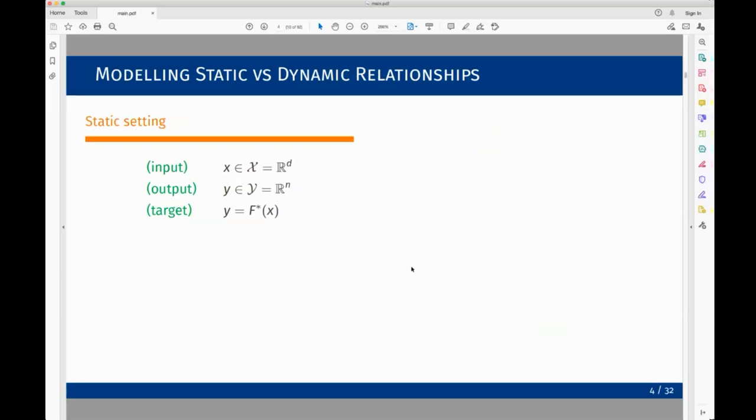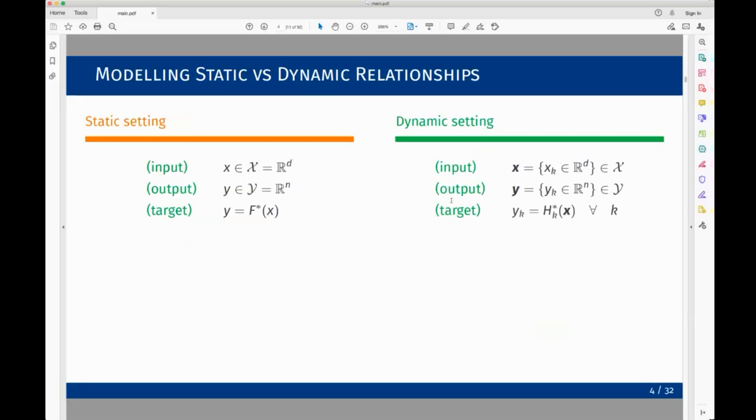Okay, so if we put it into rigorous mathematical language, in a static setting we are given a vector x, the input vector in d-dimensional space, and an output vector y in n-dimensional space. We want to learn a target function f star. In the dynamical setting, we are given a sequence x indexed by the variable k. K can be either a discrete time index or a continuous time index, and our output can also be indexed by k as well.